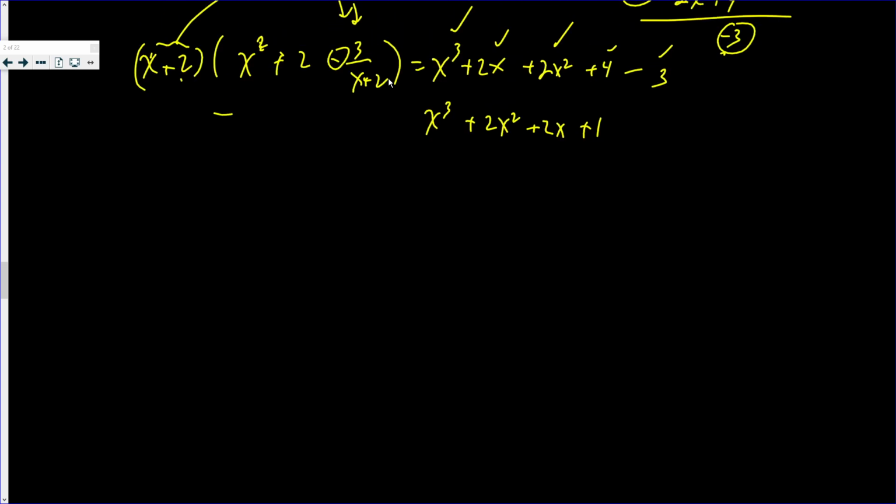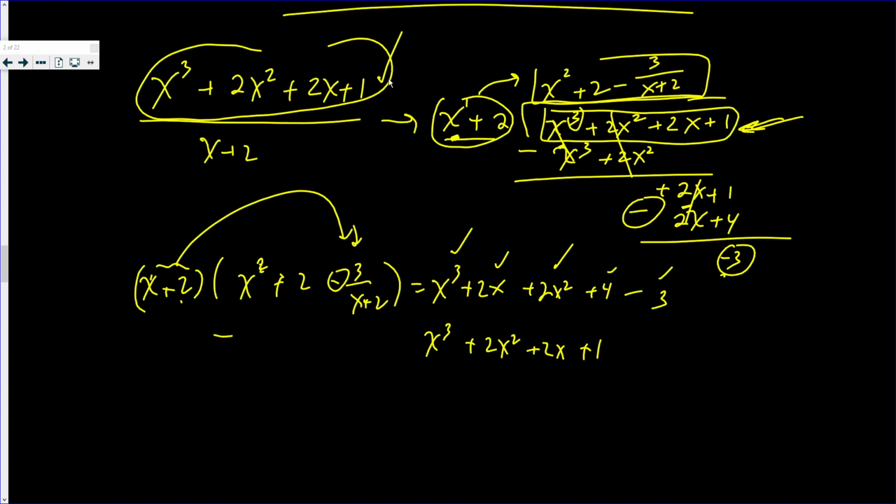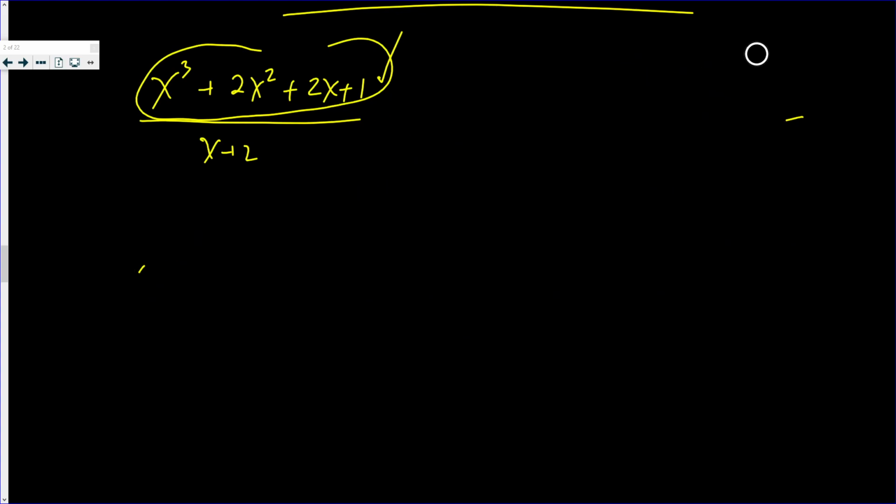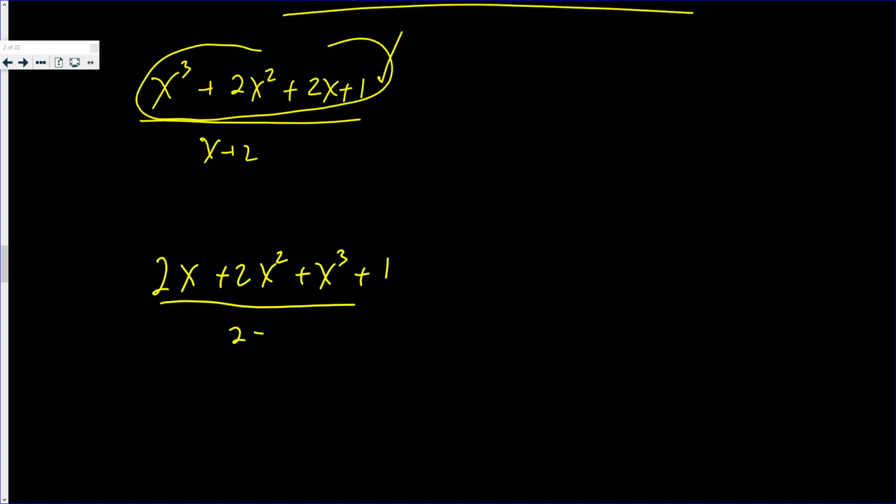Now, suppose instead of being given the problem written like that, suppose we were told 2x plus 2x squared plus x cubed plus 1, divided by 2 plus x.